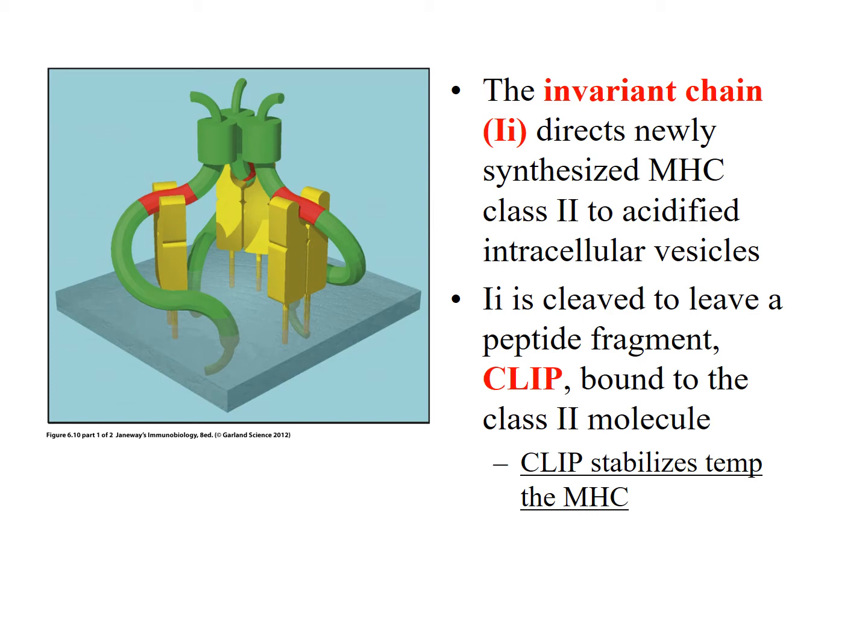All the green areas you see there will be cleaved away, leaving the red areas, known as a clip. Clip is a temporary stabilization step. Okay? It is not interacting with the groove. It's not interacting with the MHC class 2 structure in a stable way. It is a very short-term workaround.